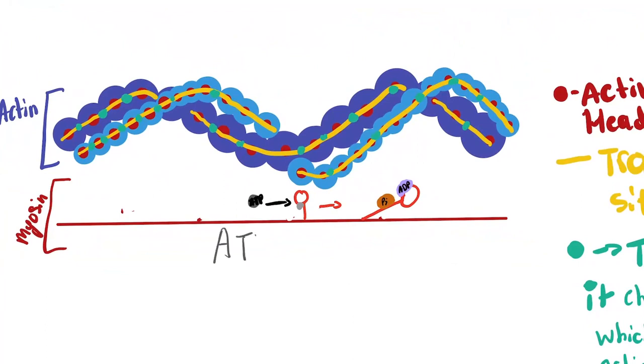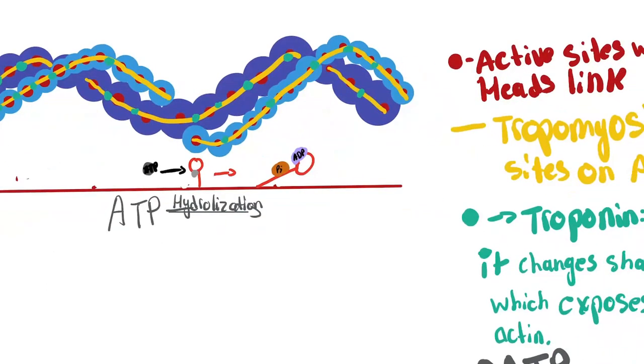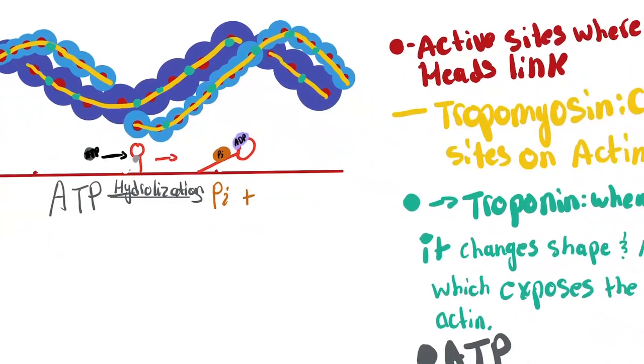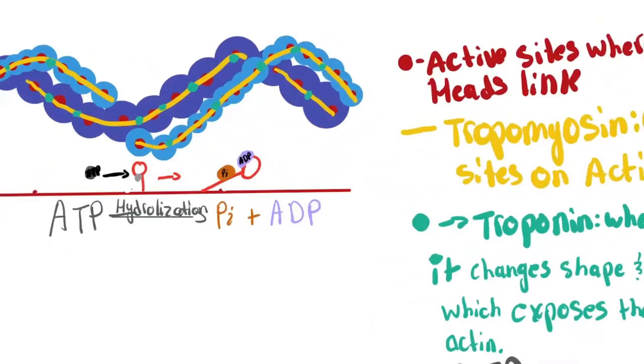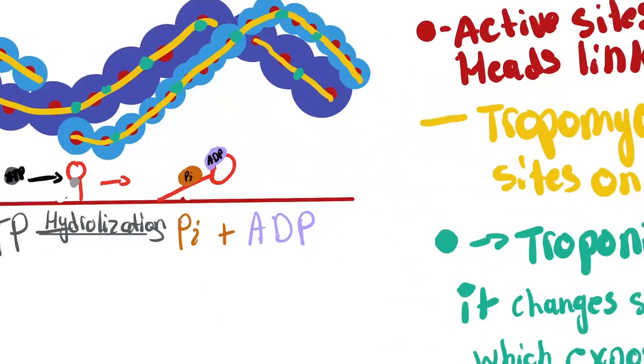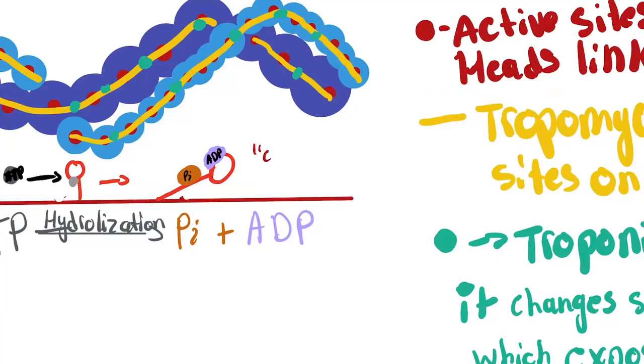So ATP, over hydrolyzation, makes inorganic phosphate and ADP. And the position that the myosin head is in is called the cocked position.